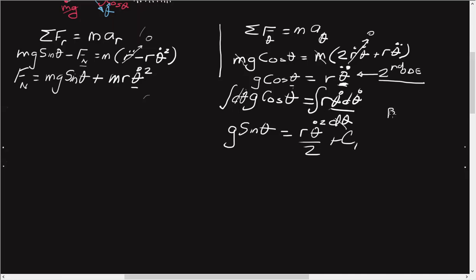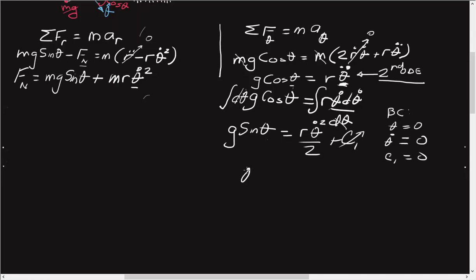Now the boundary conditions were at theta equal to 0, that started from rest, so theta dot, the sweep rate, be 0, so sine of 0 is 0, theta dot is 0, that leaves us with c1 as 0.